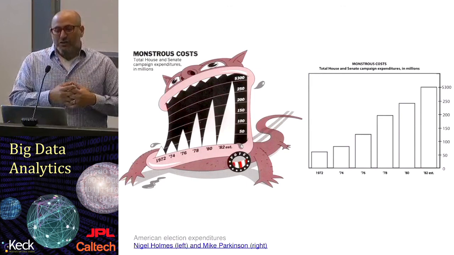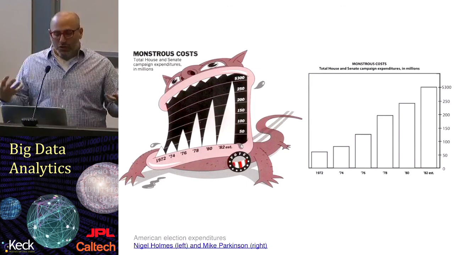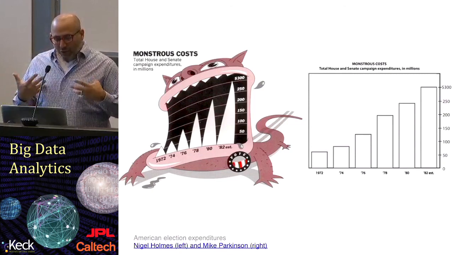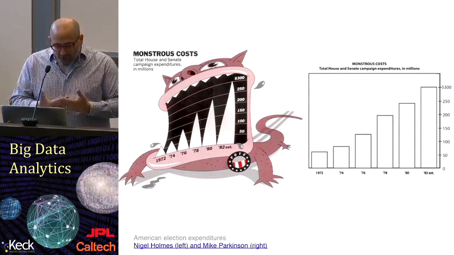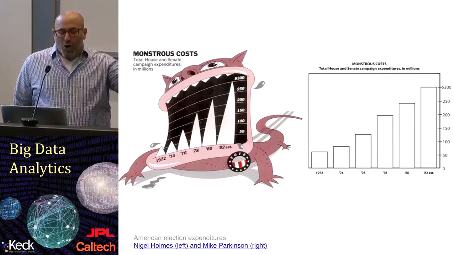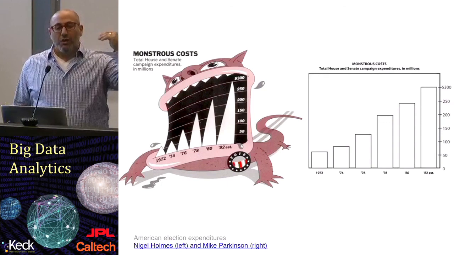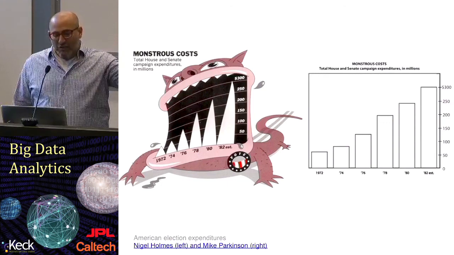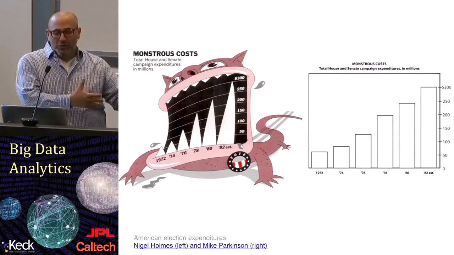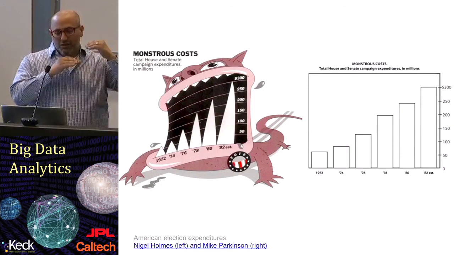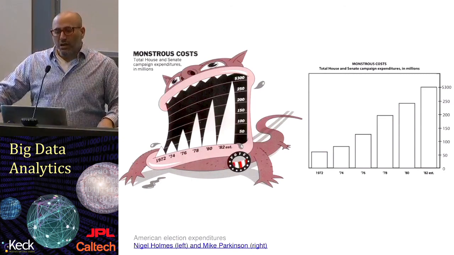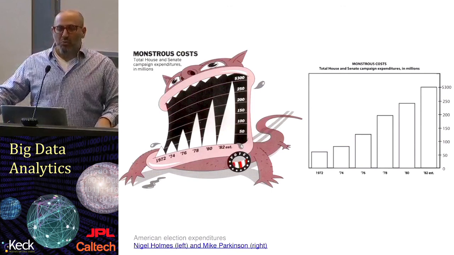And they're designed to give this huge emotional impact. Like you can see in this graphic, what's trying to be shown by the newspaper is this idea that the costs of elections are becoming monstrous. And so they have this Tasmanian devil serpent, and the teeth of the devil serpent represent the spending levels, and they're going up. But if you look at the graph to the right, what's represented is the same value empirically.